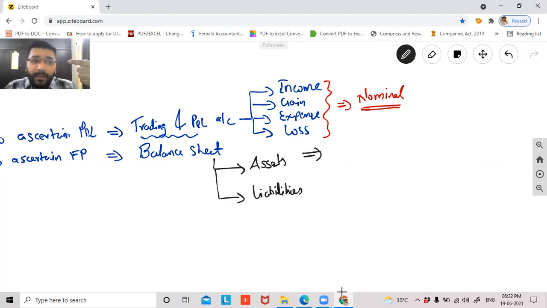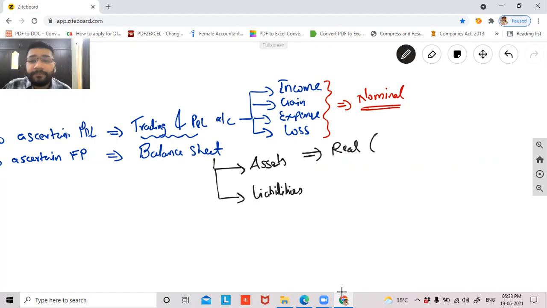Obviously, nominal will not be applicable because nominal is taken care of by trading and P&L account. So what am I left with? Assets and liabilities can seek help of whom? Either personal or real. Real account is only willing to help assets. So for me to record assets in the books of account, the rule which I look up to is real.